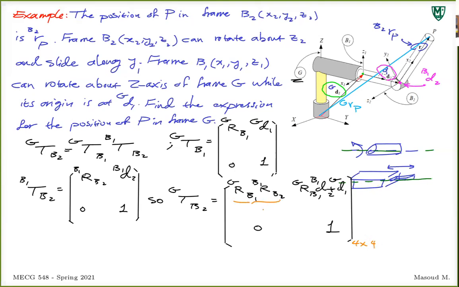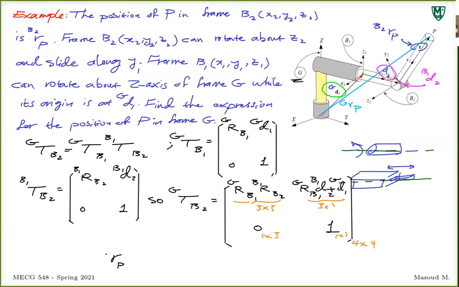So this one gives you a 3x3 matrix. This one gives you a 3x1, and this is 1x1. This is 1x3. Then if you were given numbers, you can use this and find your coordinates.